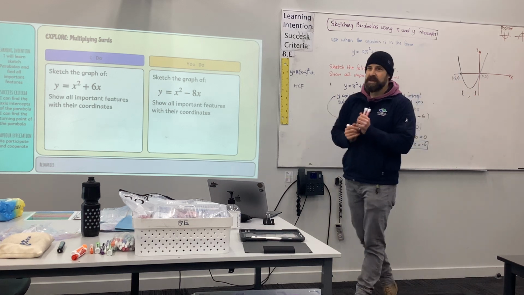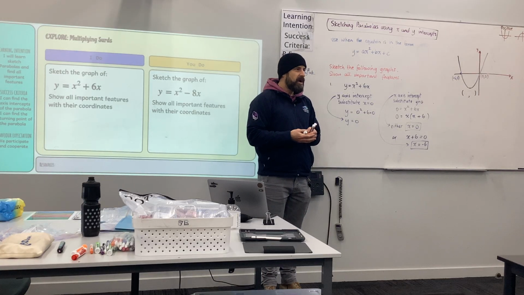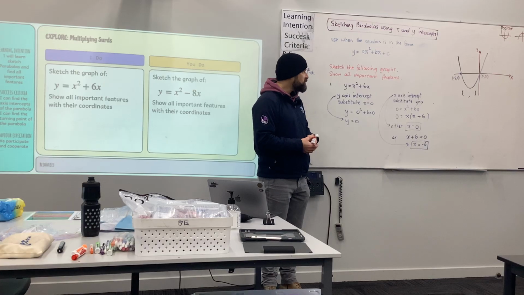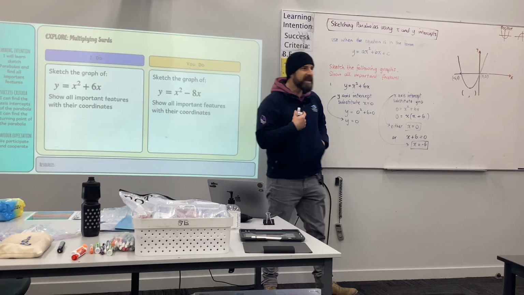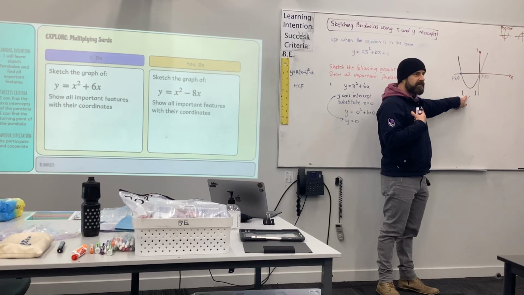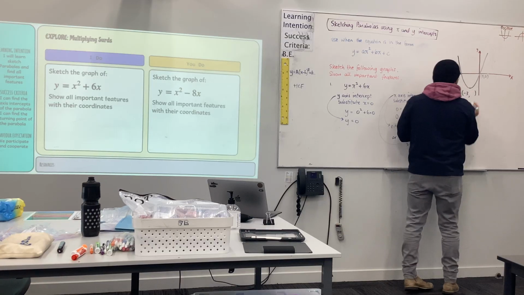Okay. Now, there are several ways we can do that. I'm going to do the most logical way this time, and I'm going to see if you can even guess what the most logical way is. Can anybody tell me what they think the x coordinate will be? Why did you get -3? You are 100% correct. Why does it have to be in the middle?